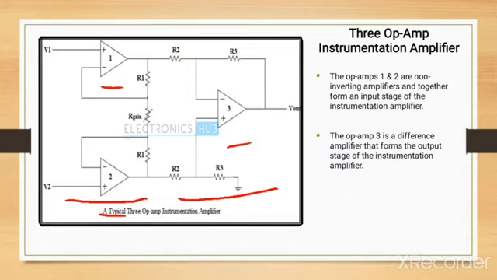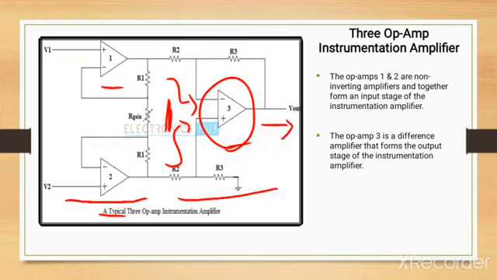They are connected with the resistor R gain between the two op amps. Then the output of operational amplifier 1 is given to the inverting terminal of op amp 3, the output of op amp 2 is connected to the non-inverting terminal of op amp 3, and the difference of these two op amp outputs is taken as the output.